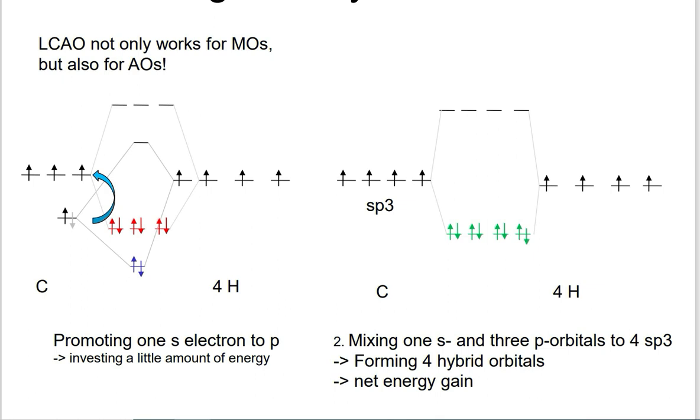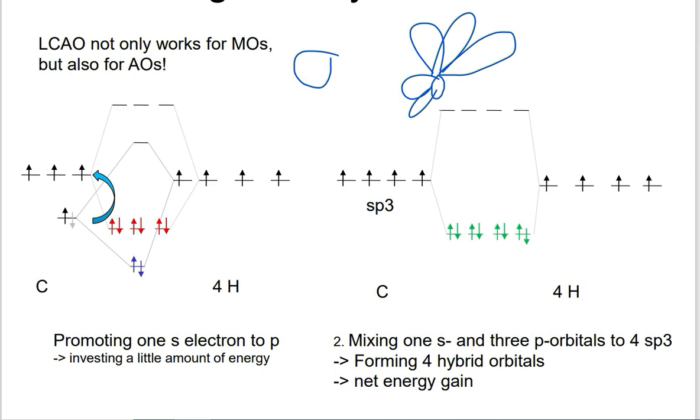Now we have sp together. So in the case of methane, we originally had one s and 3 p, px, pz, py, if you remember.